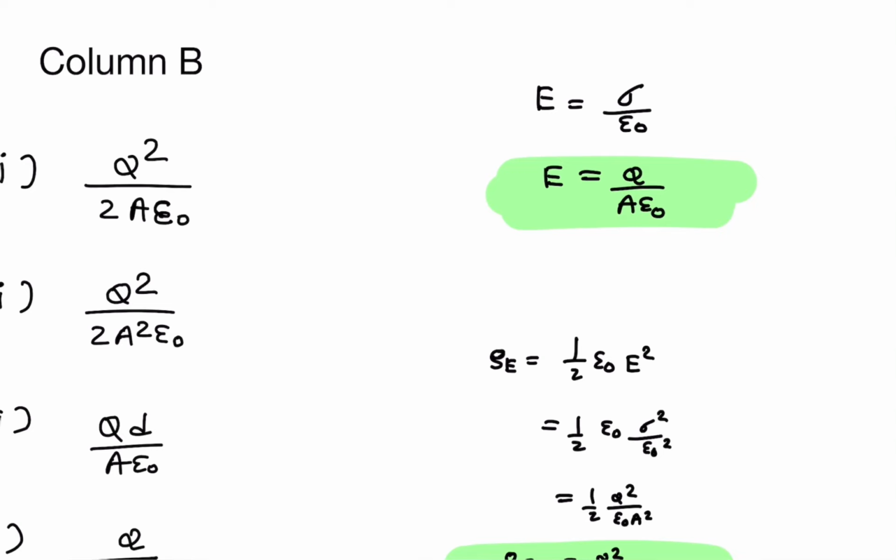That is the net electric field between the two parallel plates of the capacitor, and sigma is nothing but the surface charge density Q by A in coulomb per meter square. So E is equal to Q upon A epsilon naught.